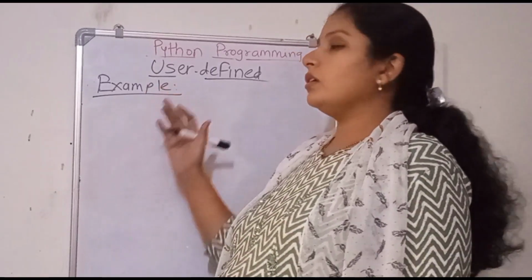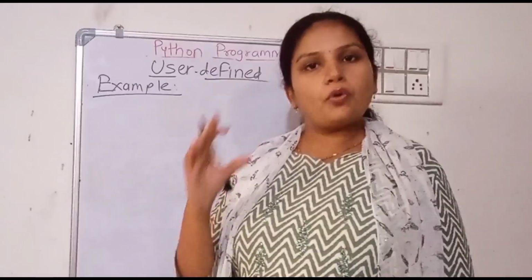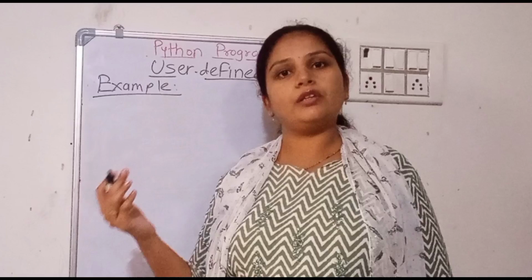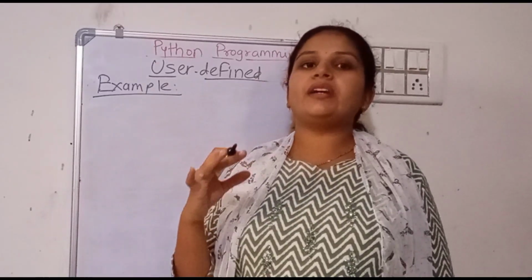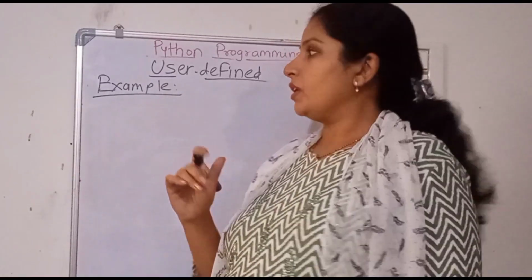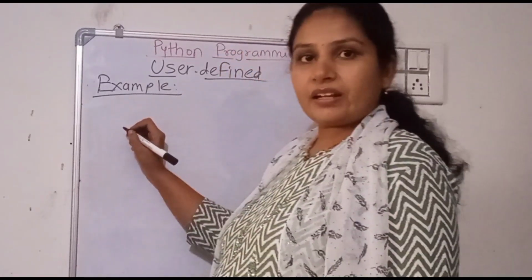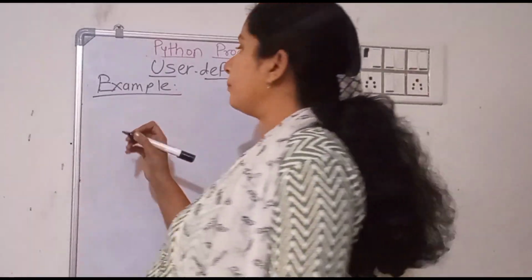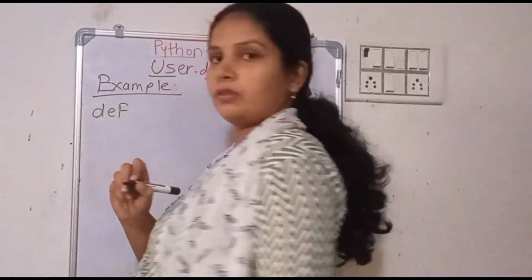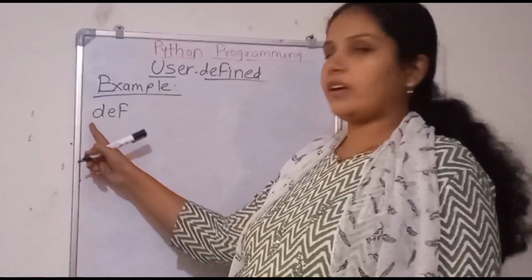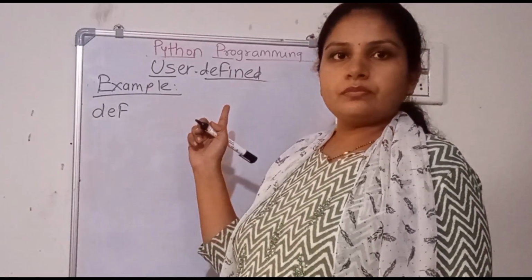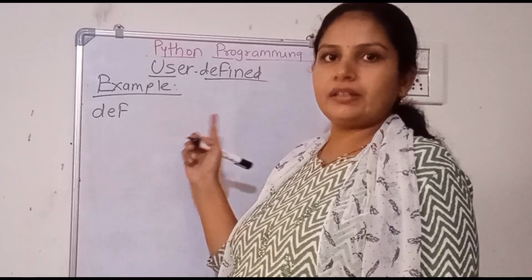We need two values, and we are creating one function called multiply. So what is the syntax, or how can you write that program? Your definition keyword def. This is for defining your function. Now just give the name of your function.